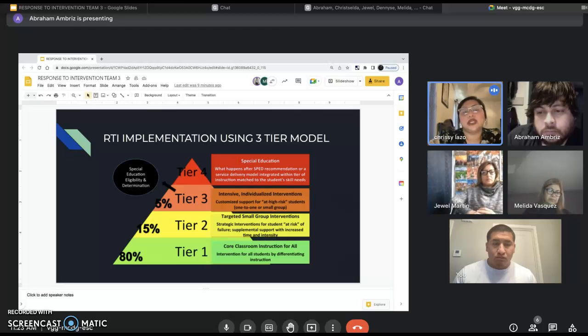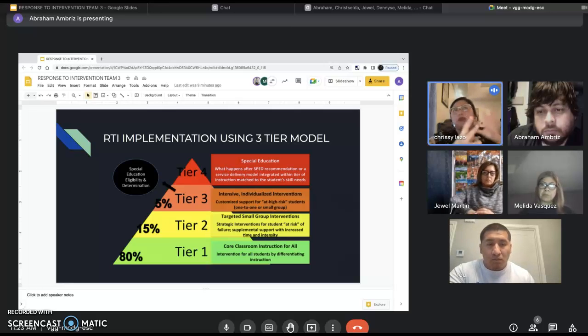That's where it's smaller groups, with more individualized interventions and instruction, because it's where a teacher can really identify the student who is having struggles.